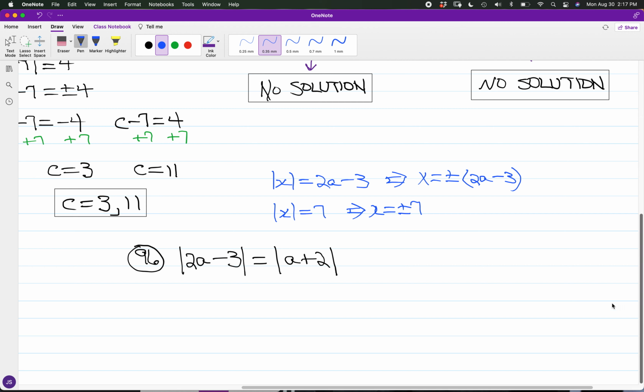That would be 2a minus 3 units. So I have plus or minus 2a minus 3, and for a plus 2, we have plus or minus the quantity of a plus 2.